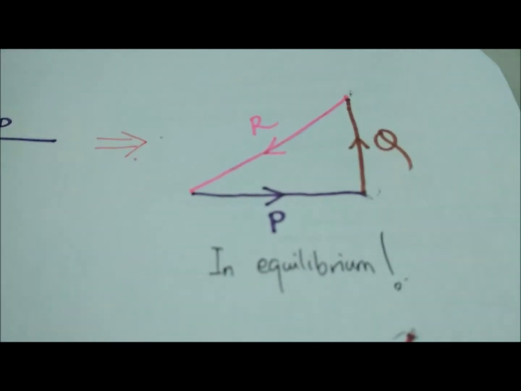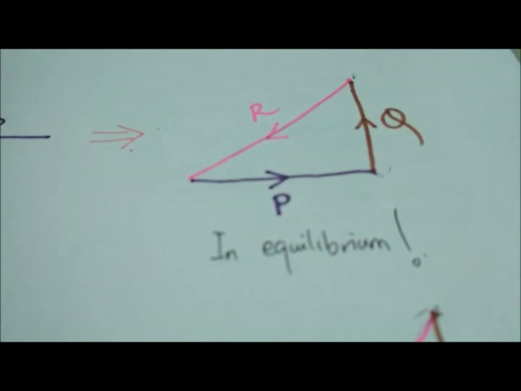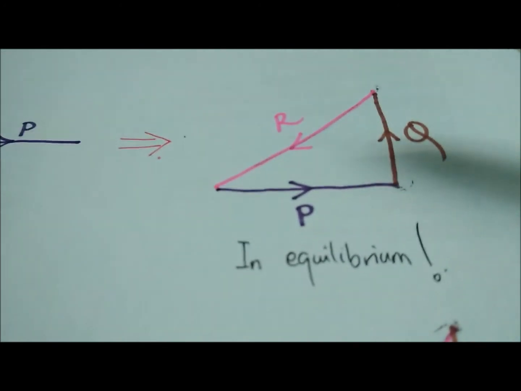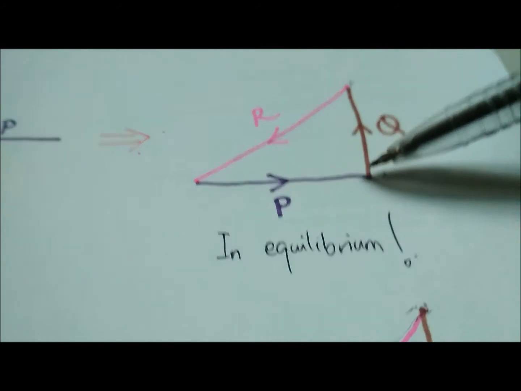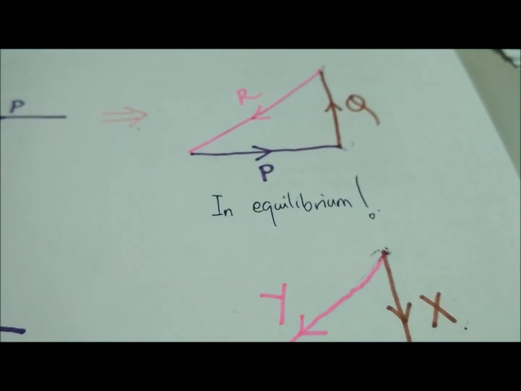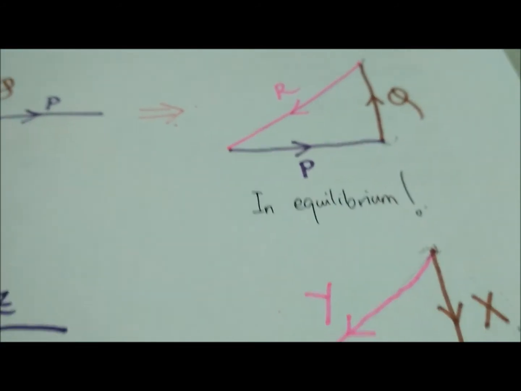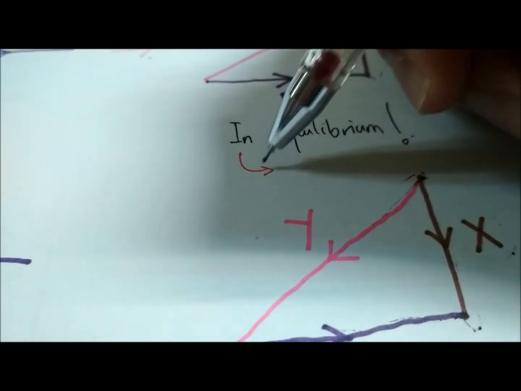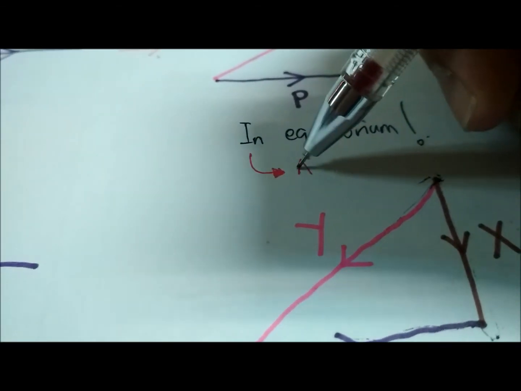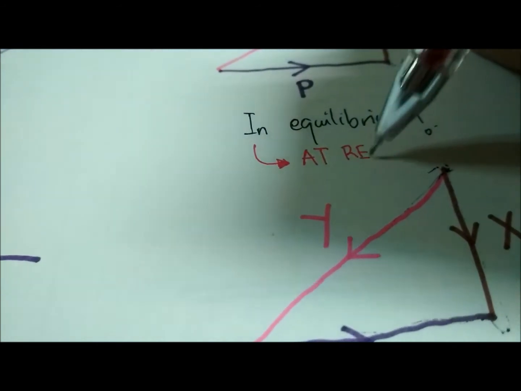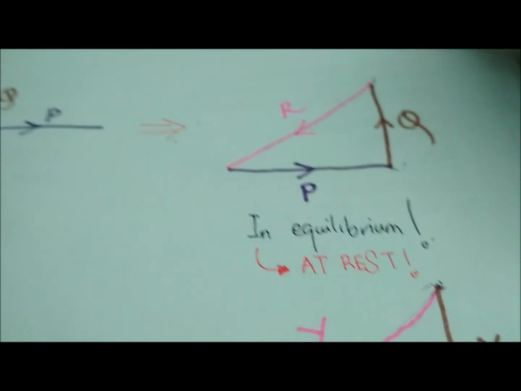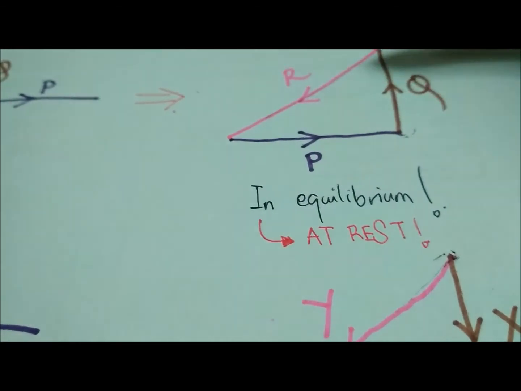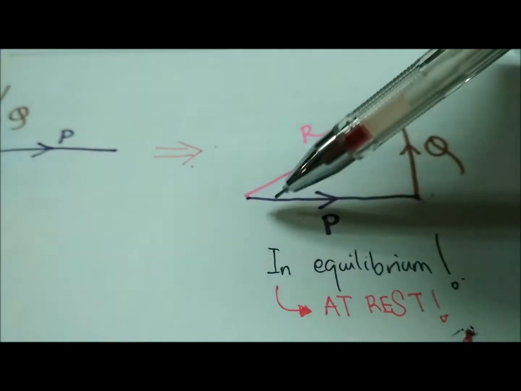So let's get back here. What does it mean by an object in equilibrium? If it's in equilibrium, it means that the object is at rest, if it moves in one direction.